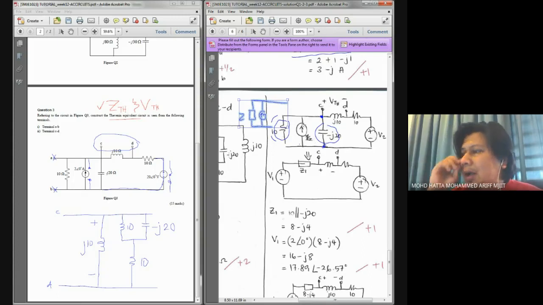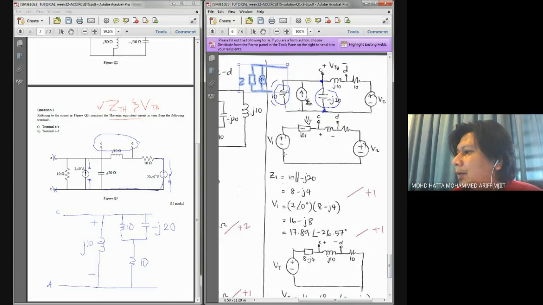Since we have that kind of arrangement, there is an opportunity for us to convert from parallel connected into series connected elements. So after the conversion, I would have V1 and Z1 connected in series. Remember that Z1 is a combination of two elements, this 10 ohm resistor as well as this negative J20 XC, and both are connected in parallel.